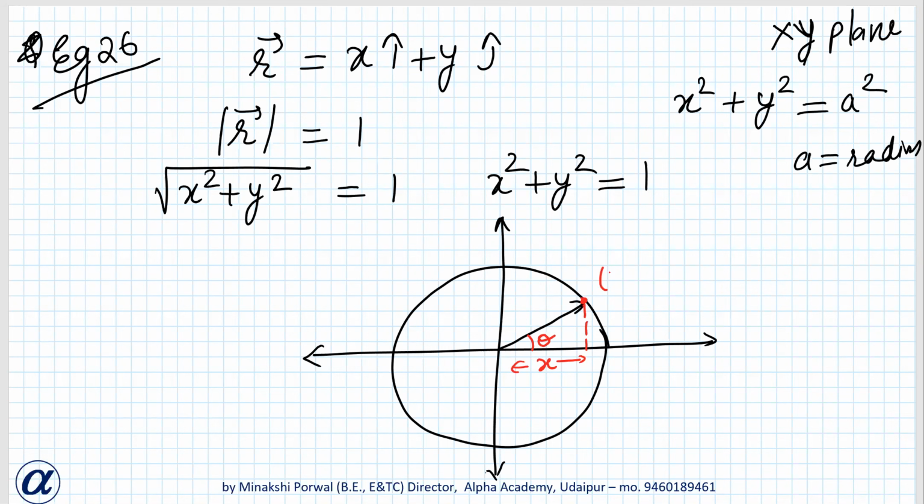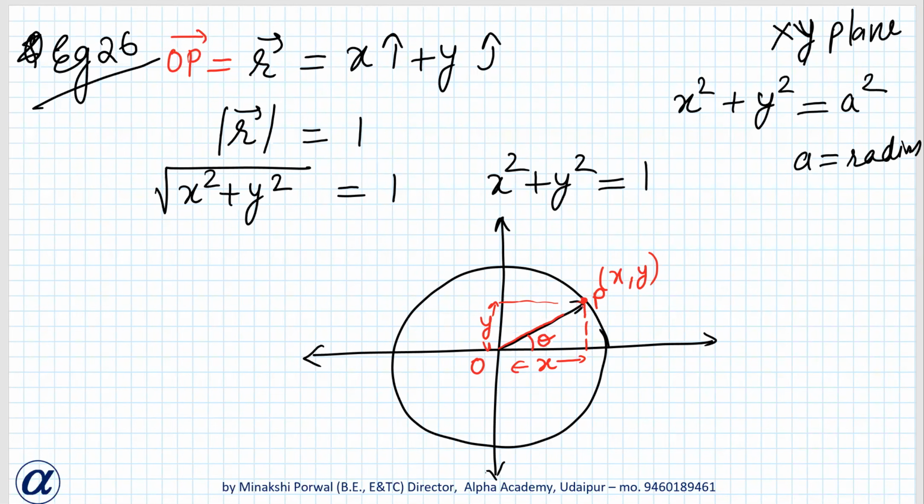This point is x comma y, then this much is y, this is x, and this OP is the vector which we are representing here, r, whose magnitude is 1.